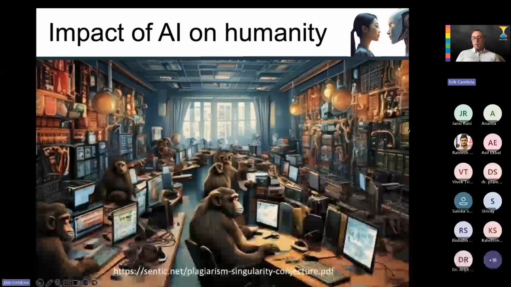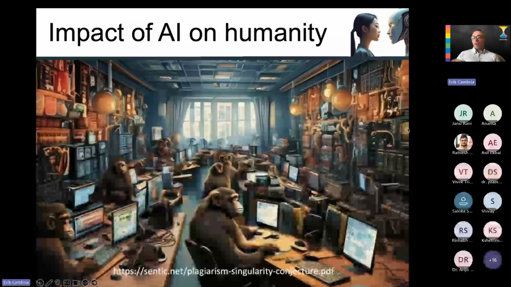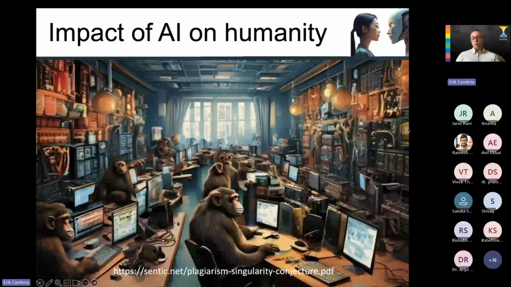There are also very interesting discussions to have on where we are going with large language models. We just wrote this short, you could say funny, article on the plagiarism singularity conjecture. I don't know if you guys heard about the infinite monkeys conjecture.